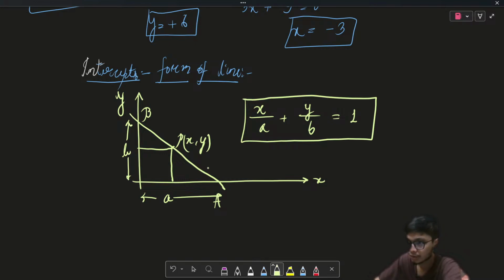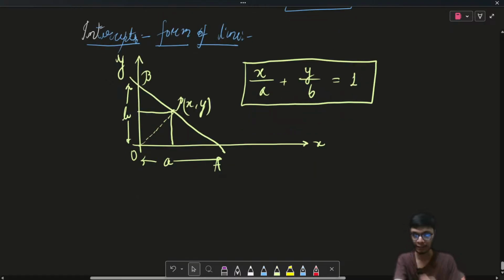If you do it by the area of the triangle, let us call this origin O. The area of triangle OAB is going to be the area of triangle OPA plus OPB, and in that way also you can formulate the equation of the line. So this is clear to all of you.